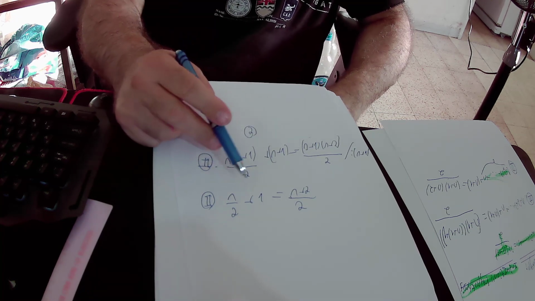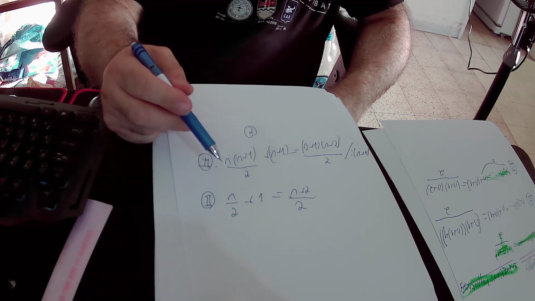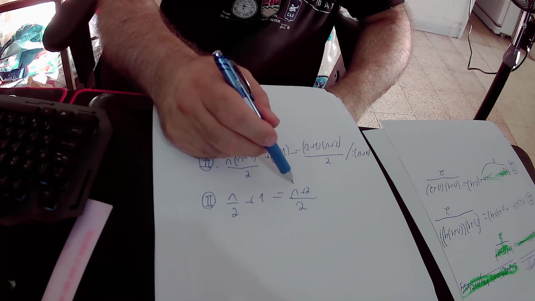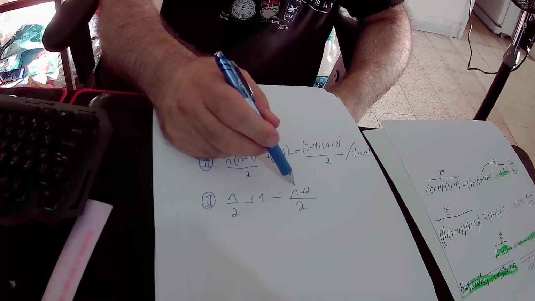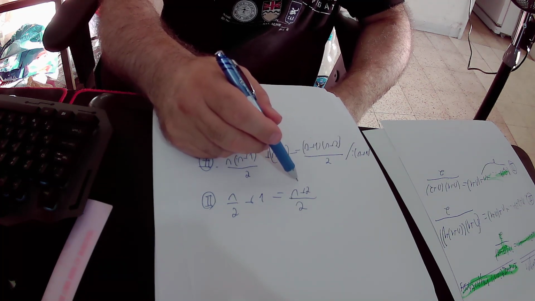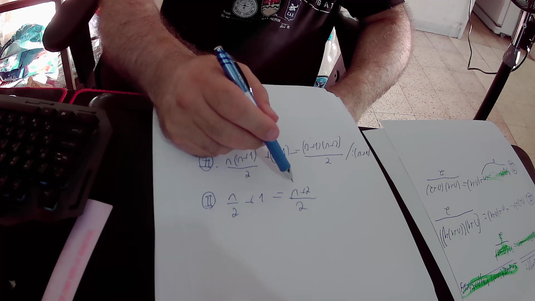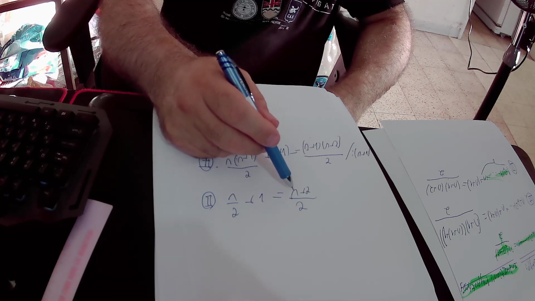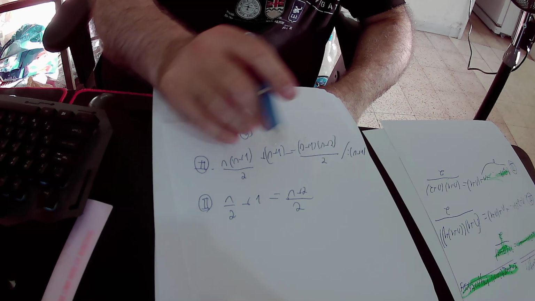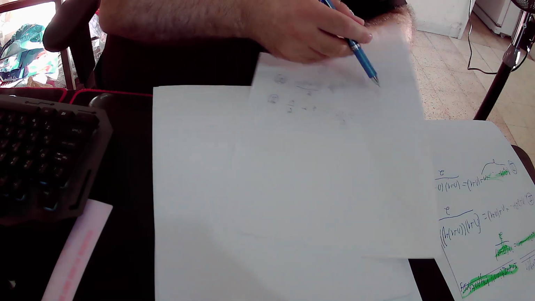So here we can separate this expression into two parts, and it will be actually n divided by 2 plus 2 divided by 2. So we'll write it down.